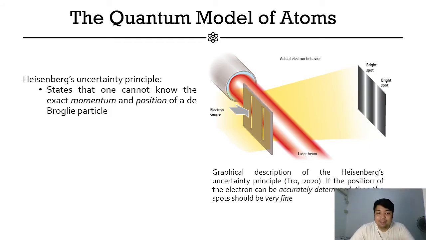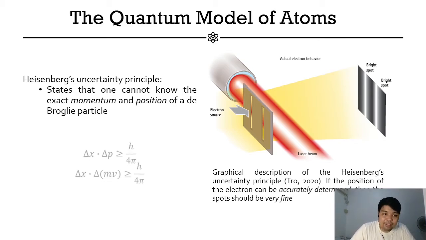But since it fades outward, this just shows that we cannot accurately determine both the position and the momentum of the electron, because if we could accurately determine the position, this bright spot would not fade away to black outward.